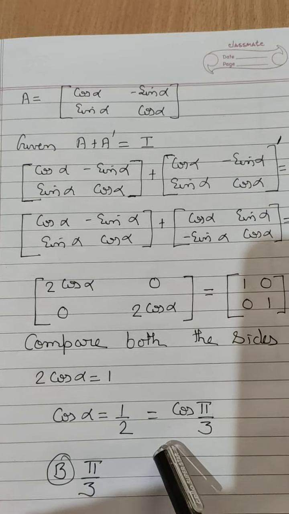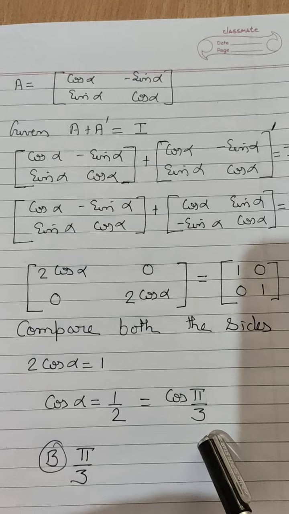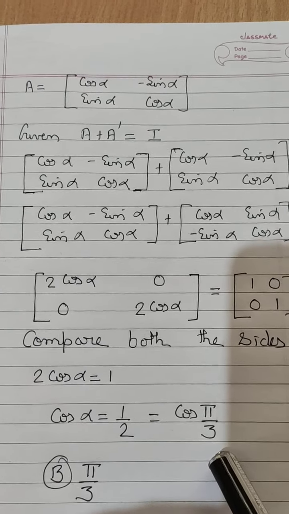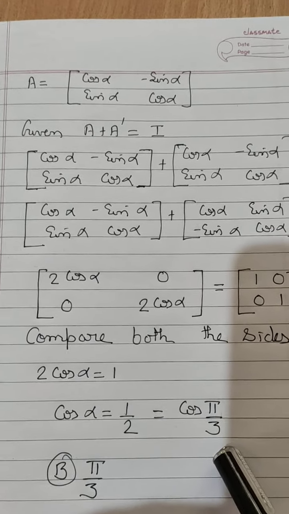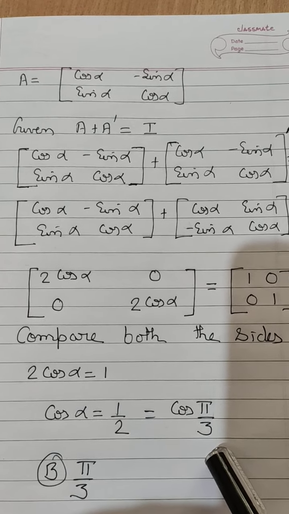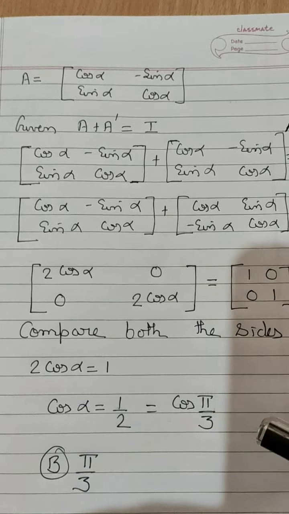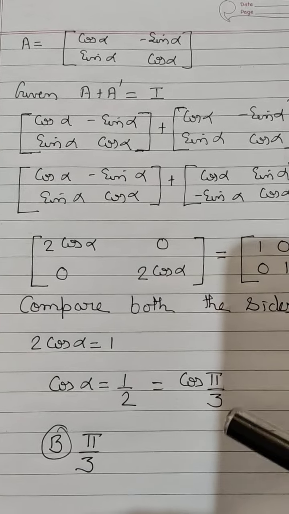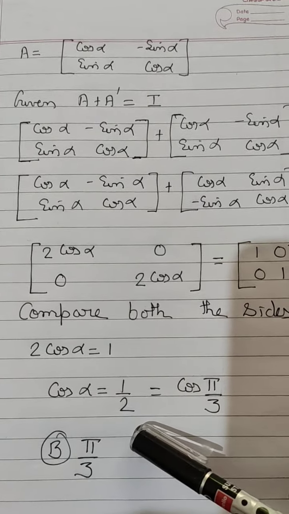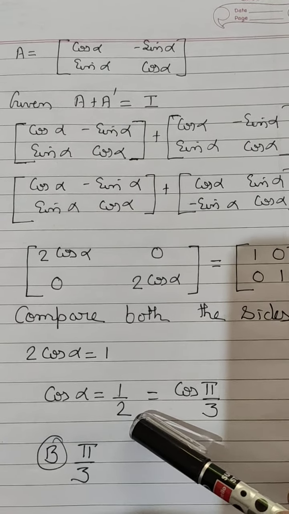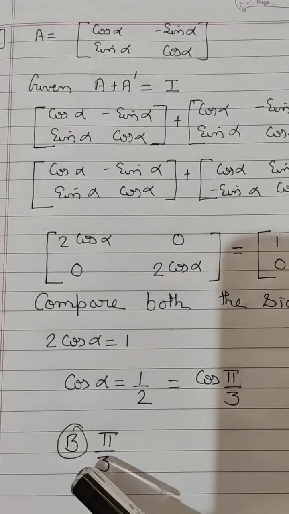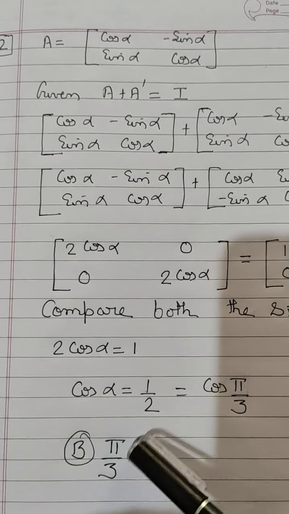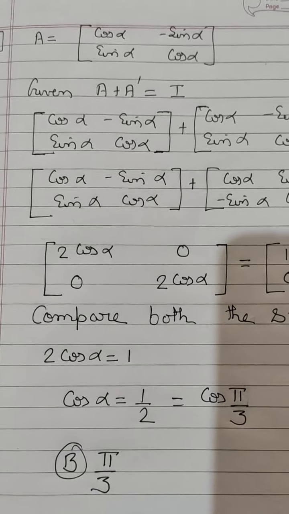So here which solution are we considering? According to the option. Otherwise there are two cases, principal solution and general solution. According to the given availability you have to decide. It is MCQ. So they have given cos alpha is equal to 1 by 2. So 1 by 2 is the value of which angle? Pi by 3. So which is our correct option? B, pi by 3. Our question is complete.